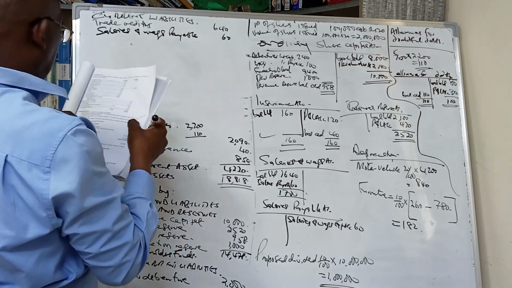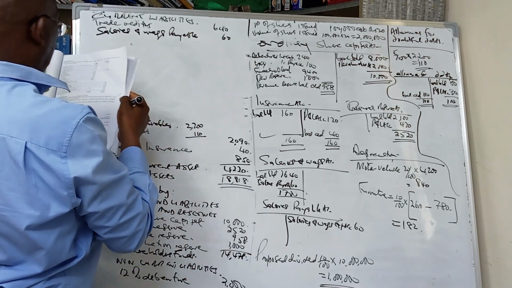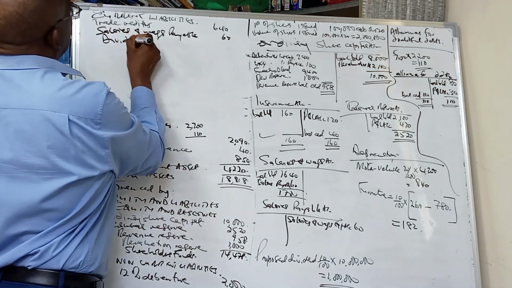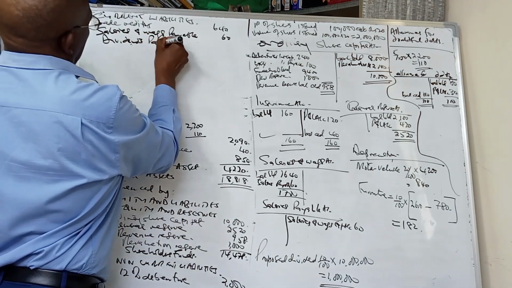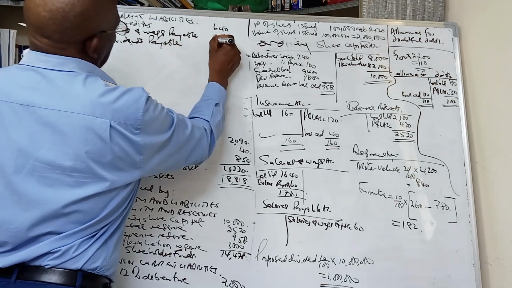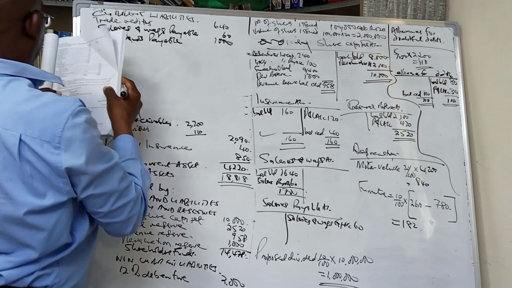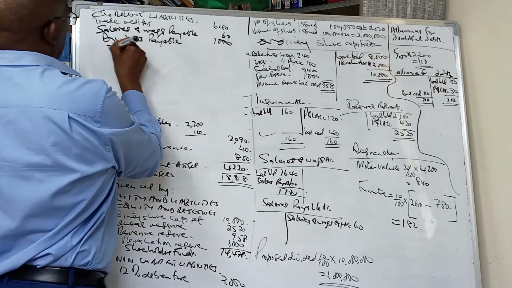We also have dividends payable of 1 million. We also have tax payable 540.